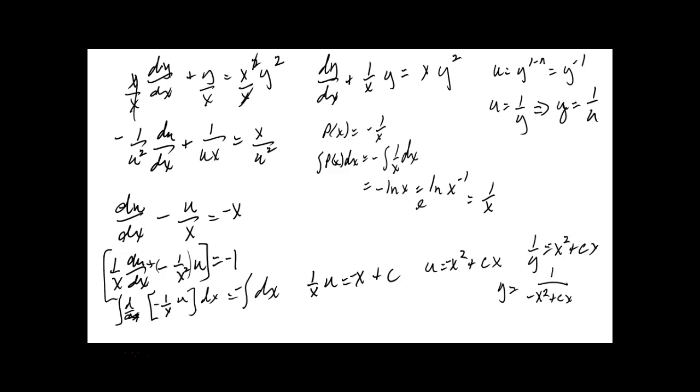Okay, so you see Bernoulli's is a pretty simple substitution, as long as that n is not 0 and not 1. Now, let's back off a minute. Notice what they said n needed to be. Not integer n, any real number n.